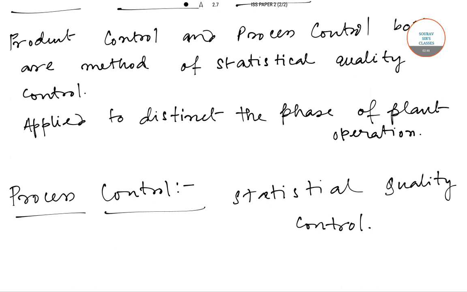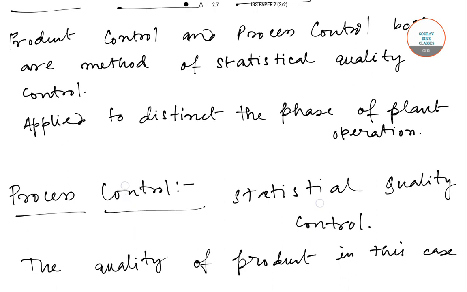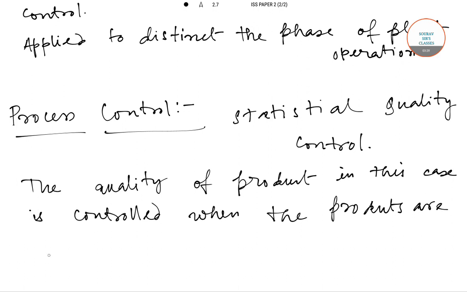So process control is that method of statistical quality control in which the quality of the product is controlled while the products are in the process of production.